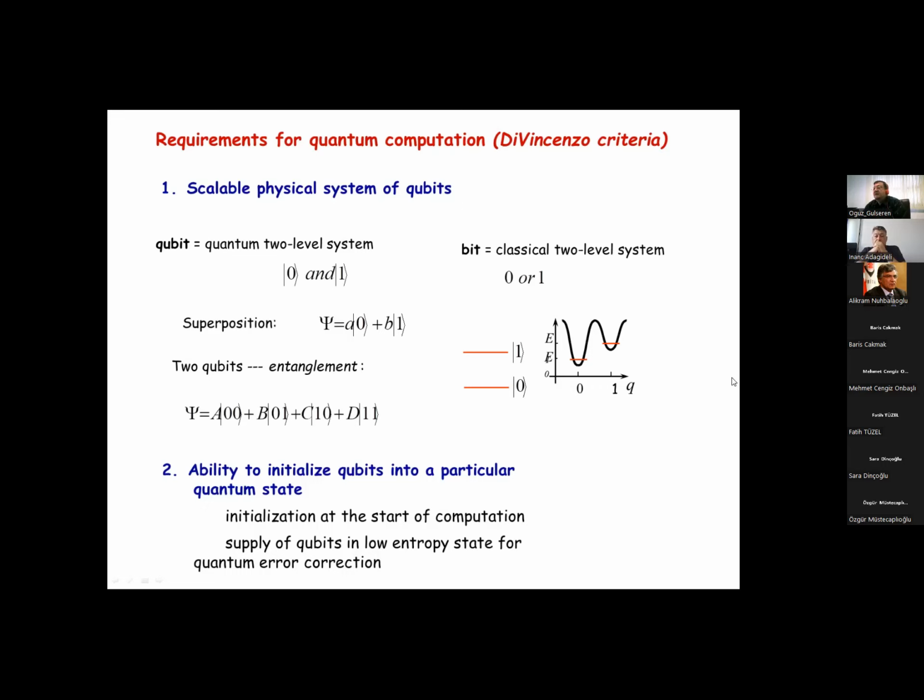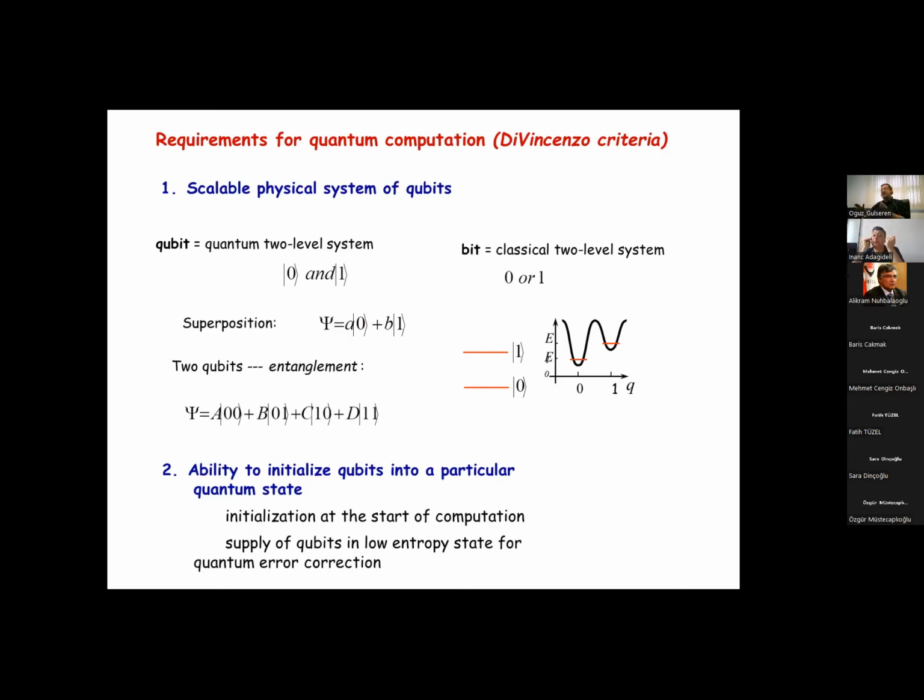Then once you realize this system, the second condition is you have to be able to initialize, so you have to prepare that particular specific quantum state to start the computation. And this has to be repeatable, okay? It shouldn't be random.